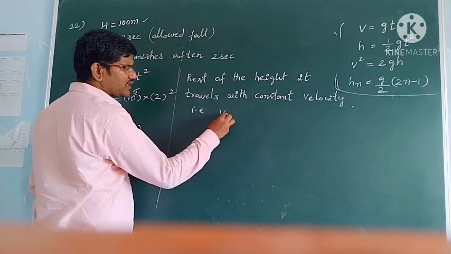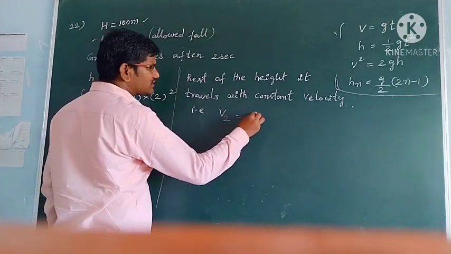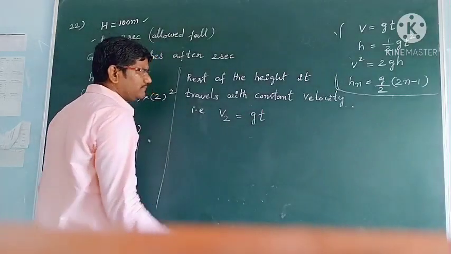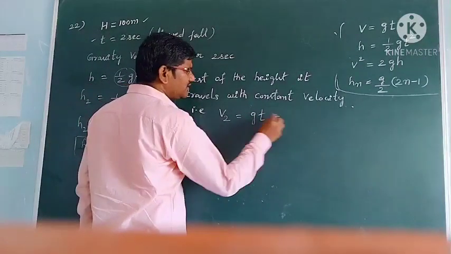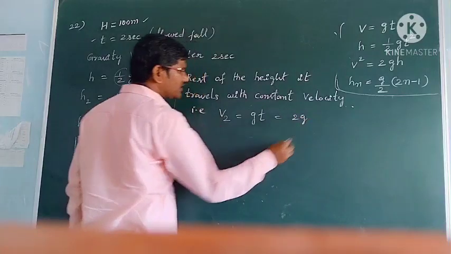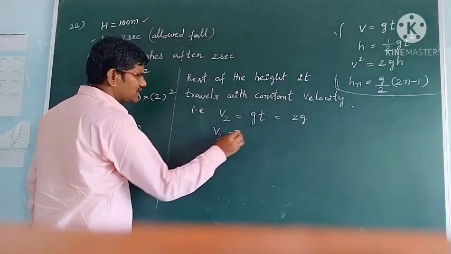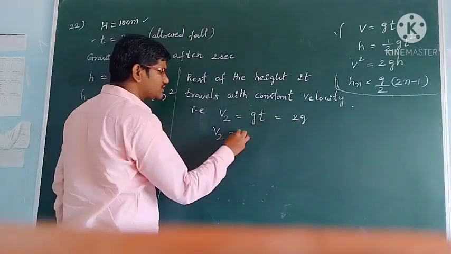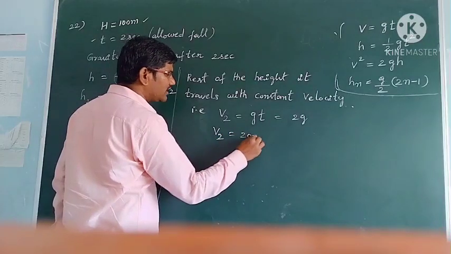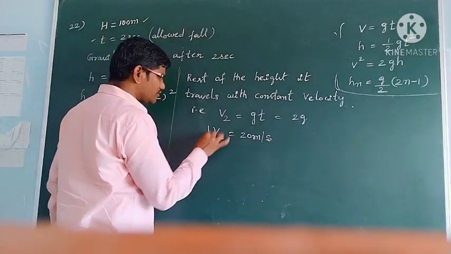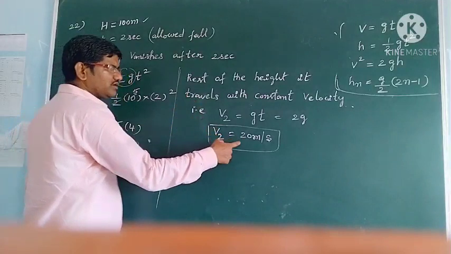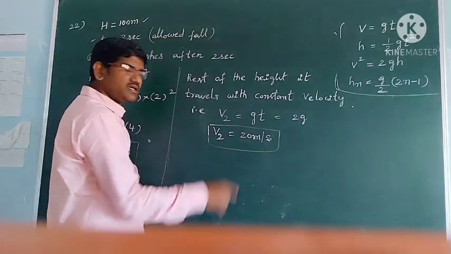So that is the velocity after 2 seconds. Velocity after 2 seconds means v is equal to g t. So t value is 2, so you will get 10 into 2, you will get 20 meters per second. With this speed it remains constant.